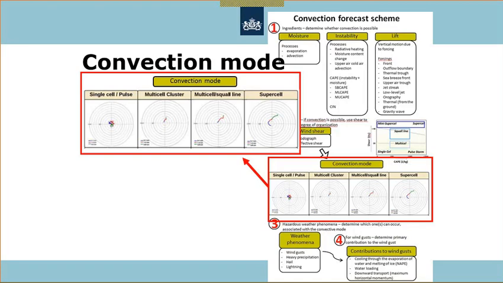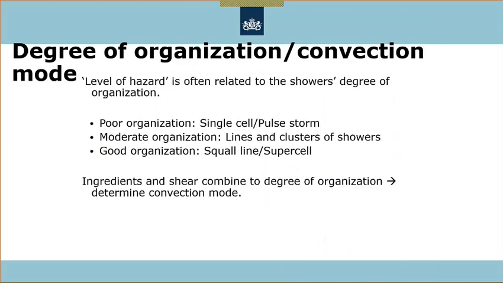It's interesting to look at this type of information a little bit more in detail, because as you can see, the degree of organization, the convective mode, is important to study, because the level of hazardous weather depends on that.